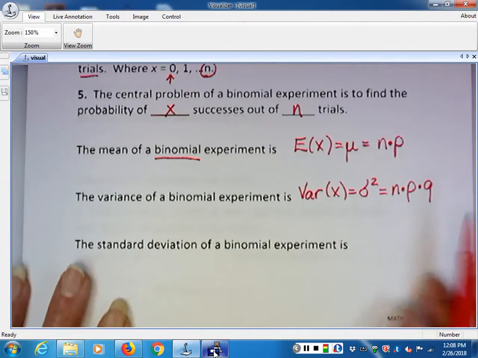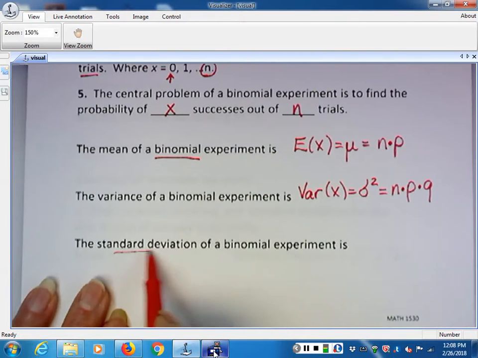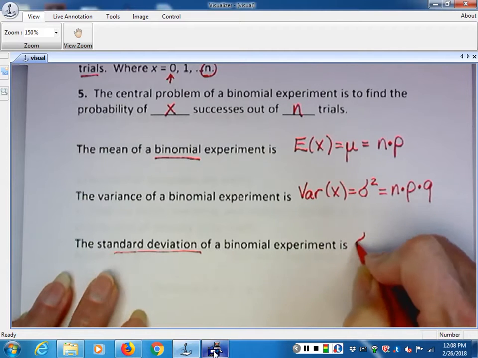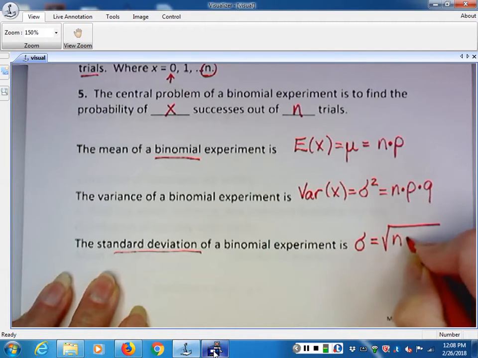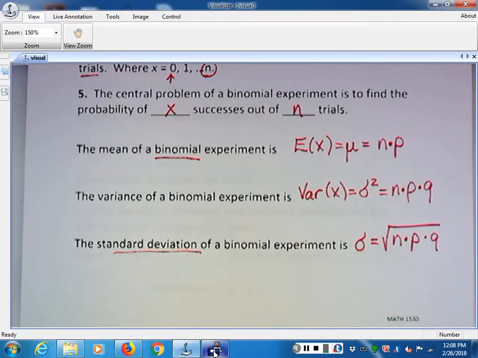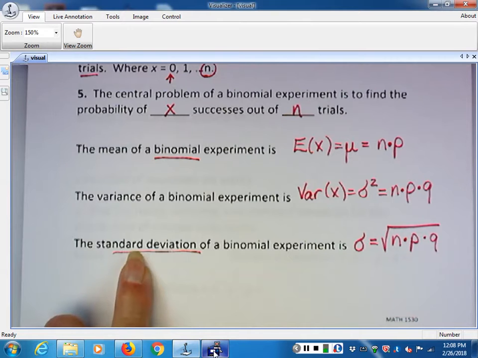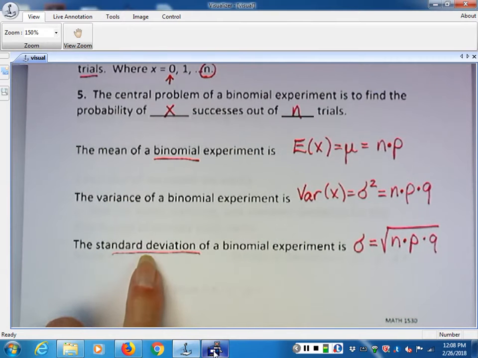But that also means that the standard deviation is going to be sigma, and that means it will be the square root of n times p times q. Because remember, the variance is the standard deviation squared, so the standard deviation is the square root of the variance. Okay?